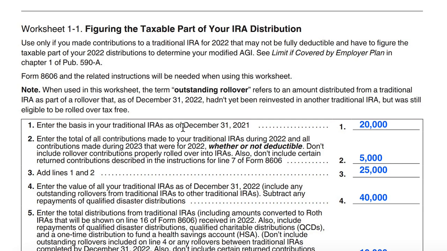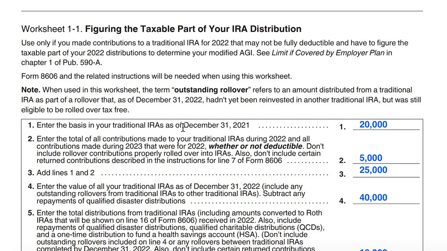On line 2, you enter the contributions to your IRAs during the tax year, during 2023, and all 2024 contributions that were made for the 2023 tax year. Don't consider whether or not this was deductible, just money that went into your account. Also, do not include rollovers that were properly rolled over into an IRA, from another IRA, from your 401k or some other workplace retirement plan.